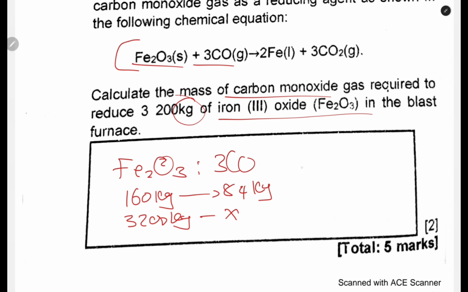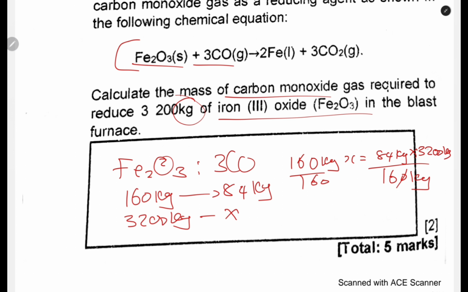If you cross multiply, you have 160 kg times x equals 84 kg multiplied by 3,200 kg divided by 160 kg.